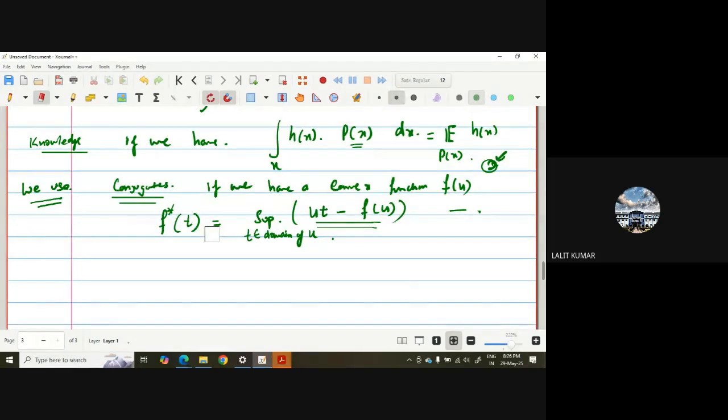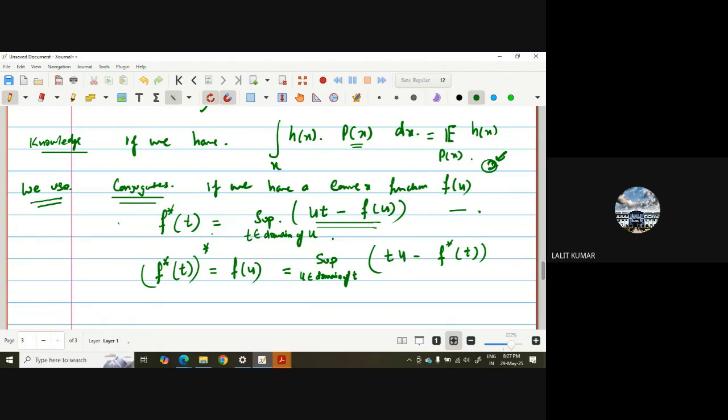The second property you will use is that if we take the conjugate of the conjugate f star t, it gives the original function f(u). So the conjugate of the conjugate is the sup over u in the domain of t of tu minus f star t.